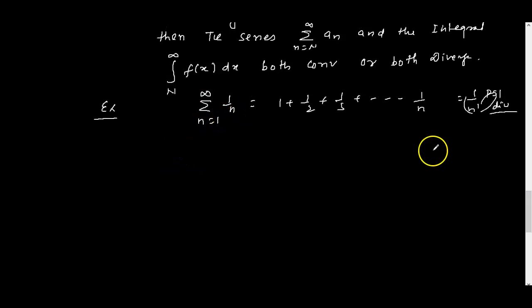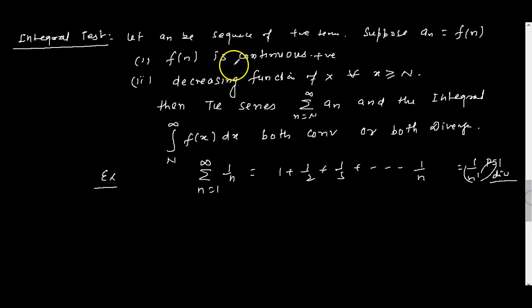So the first condition we check here is that this is continuous. This is a continuous function because 1 by n, 1 by 2, 1 by 3, whatever the value, will always be continuous. Any value you can put here except 0, because 1 by 0 will be infinity.